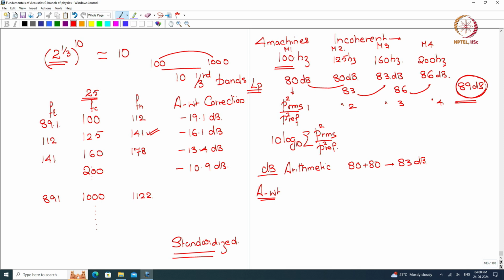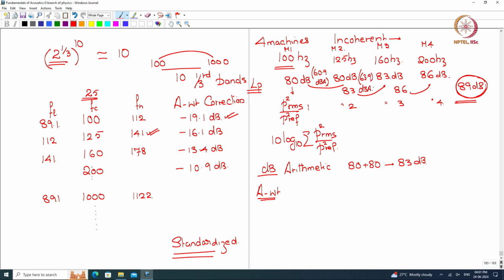Okay. So if I apply the corrections, for the 100 hertz band, 80 minus 19.1 gives me 60.9 dBA. Then for 125 hertz, 80 minus 16.1 is 63.9 dBA.